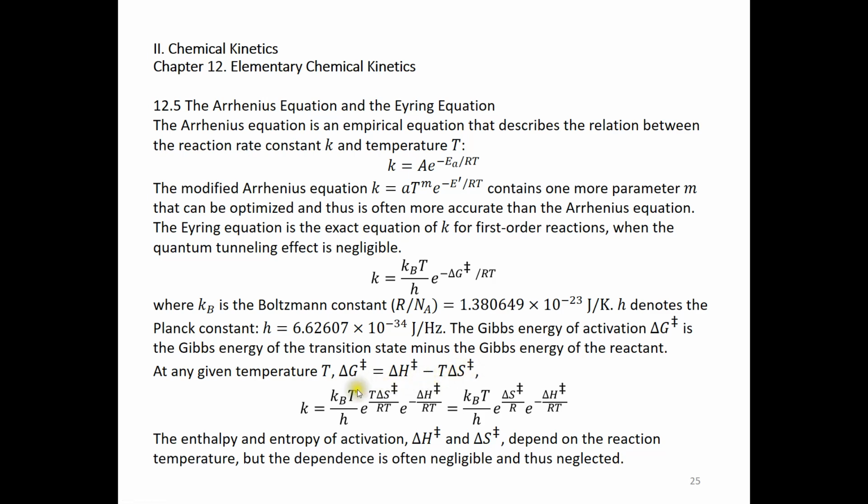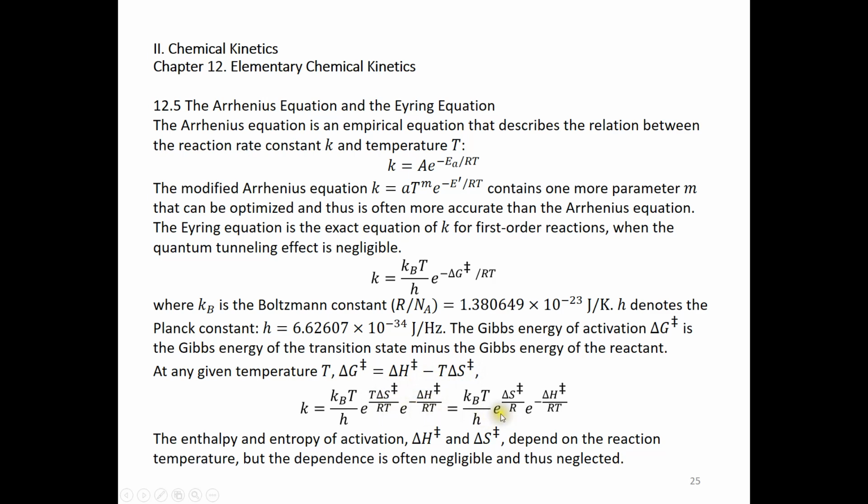And therefore, we can rewrite the Eyring equation as a function of entropy times a function of enthalpy times a constant. So really, we are just rewriting this delta G double dagger as delta H double dagger minus T delta S double dagger. We have two separate exponential functions.